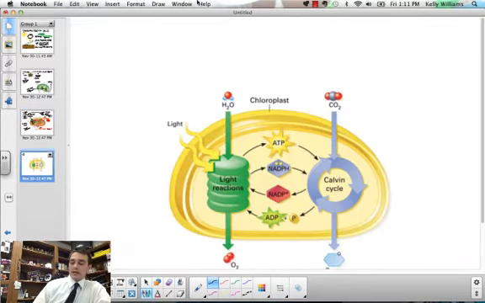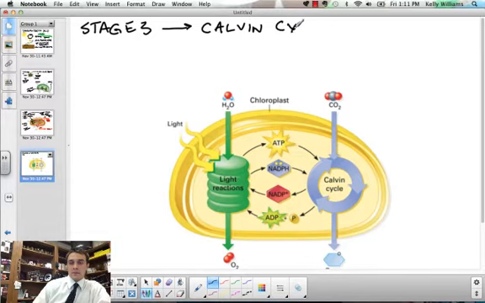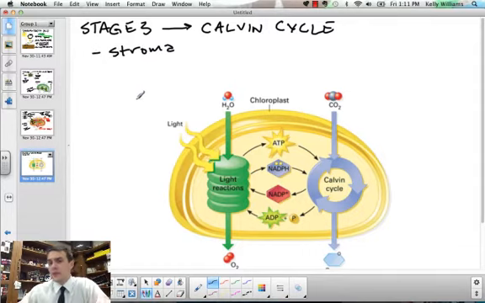Last slide here we've got is stage 3. And stage 3 is all about the Calvin cycle. Calvin cycle takes place in the stroma, which is that liquid-filled area inside of the chloroplast.